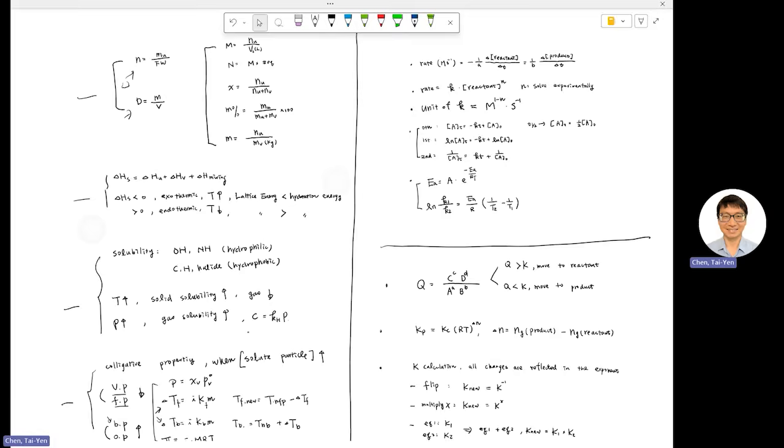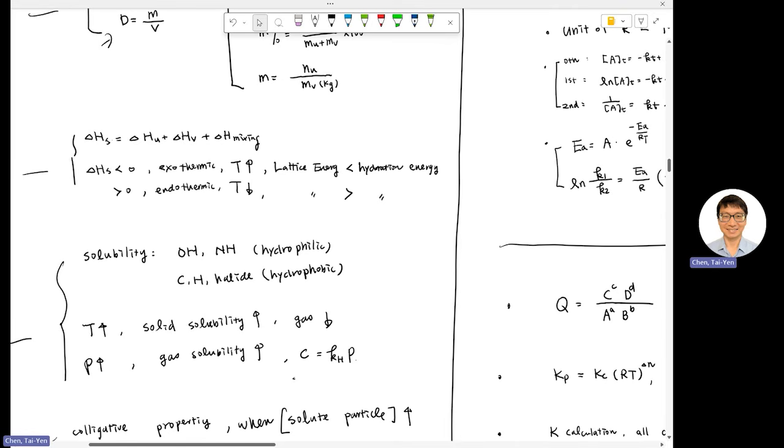Then we talk about the delta H solution. Delta H solution is composed of 3 terms, but mainly delta H solute and delta H mixing. Delta H solute is always positive. Delta H mixing is always negative. So you should know what it means when your delta H solution is positive or negative.